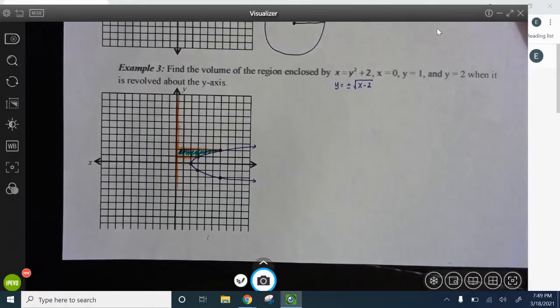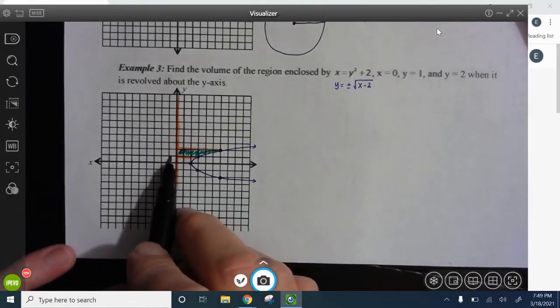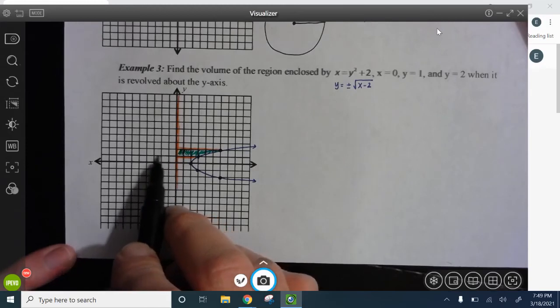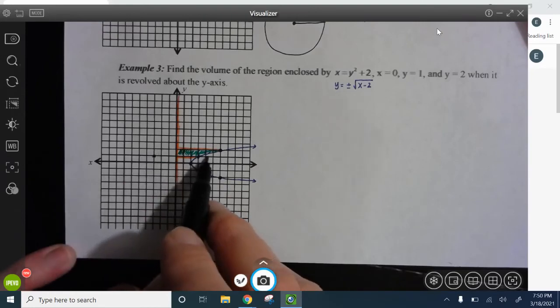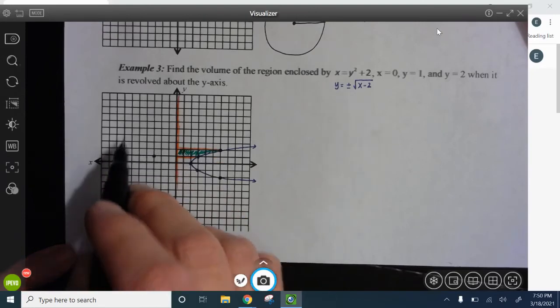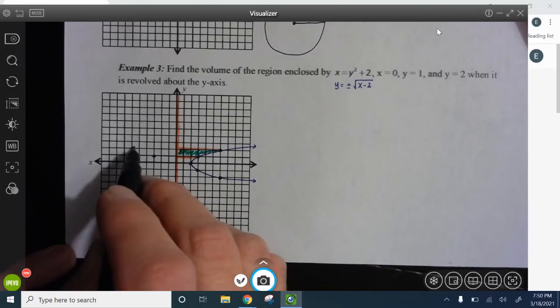So that's what we would want to revolve about the y-axis. So just to kind of get a good idea of what that's going to look like. Maybe something like this.